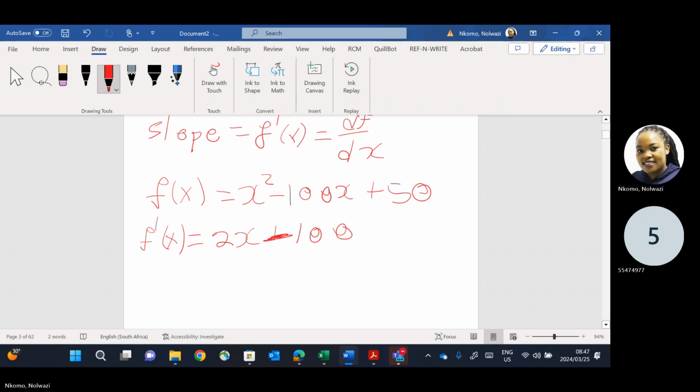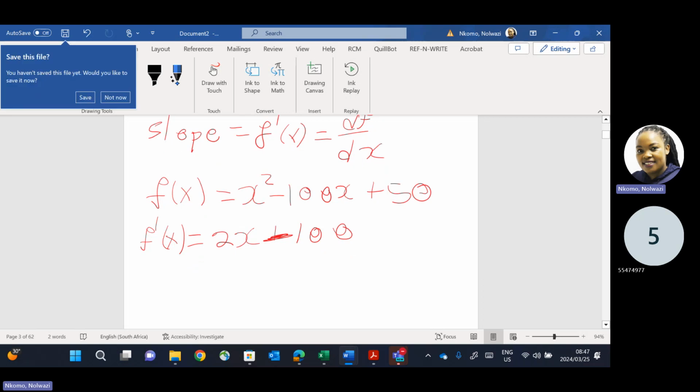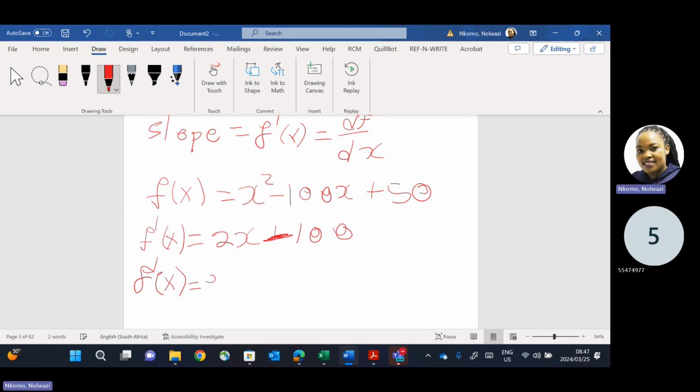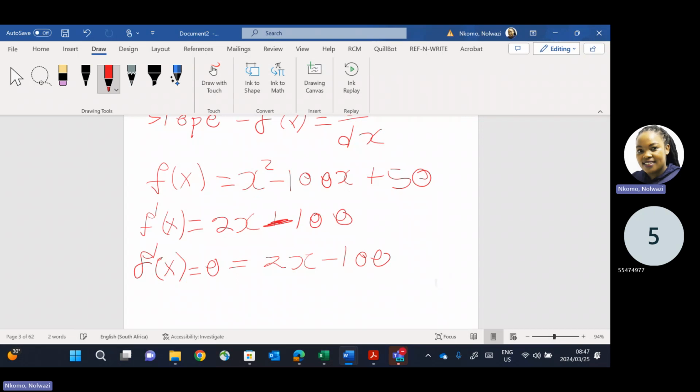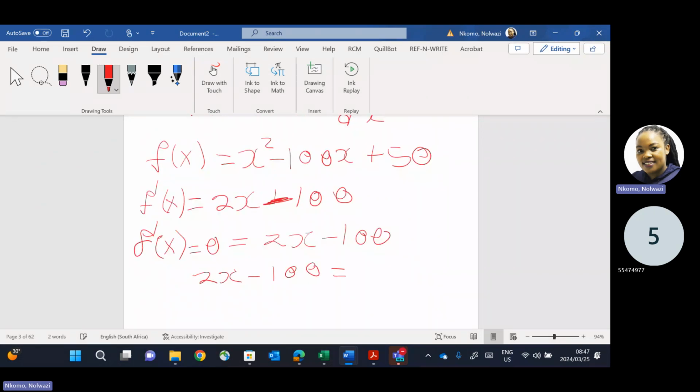Remember, we don't want the gradient, we want the points, right? So you just have to equate this gradient to 0: f prime of x equals 0. This means 2x minus 100 equals 0.